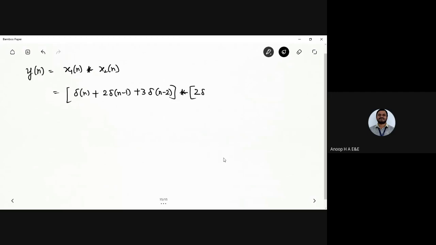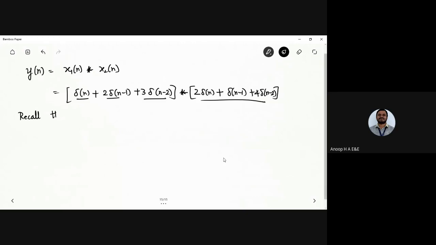With the second signal, 2 times delta of n plus delta of n minus 1 plus 4 times delta of n minus 2. Okay, so now you have the convolution of the signals x1 of n and x2 of n. Fine. So let me recall the property which is associated with the delta function.